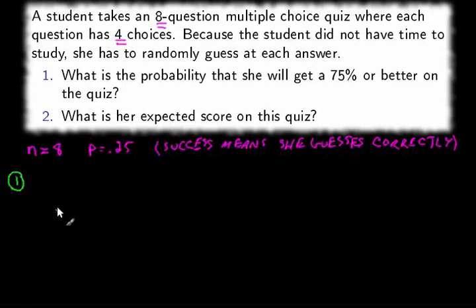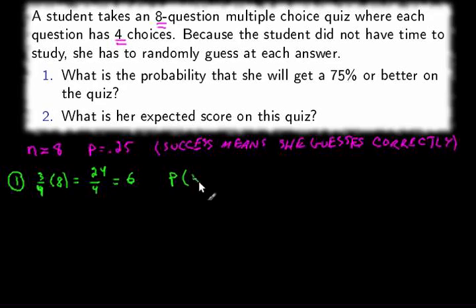Probability she will get a 75% or better on the quiz. Well, 75% means 3/4 or more. It just turns out that 3/4 of 8 is 24 over 4, or 6. So this means she needs to get a 6 or better.